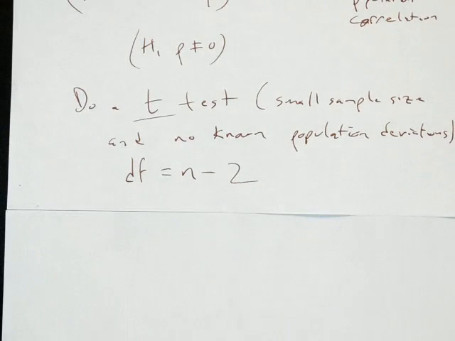Okay, so wait a minute. I have 5 data values. Quick, turn back to Appendix D, where our t distribution tables are, and find for me the values that go with 3 degrees of freedom.